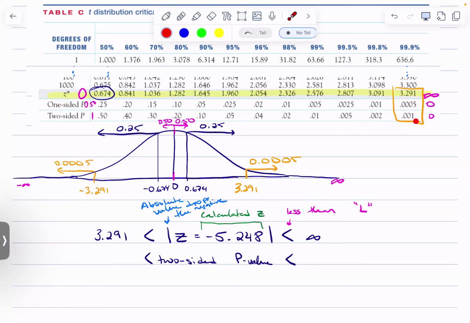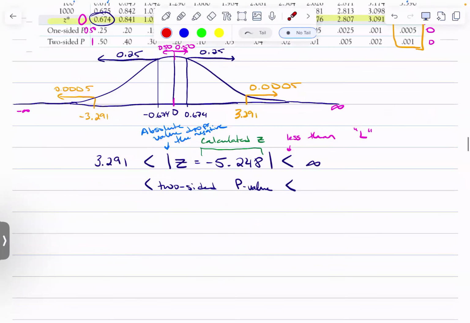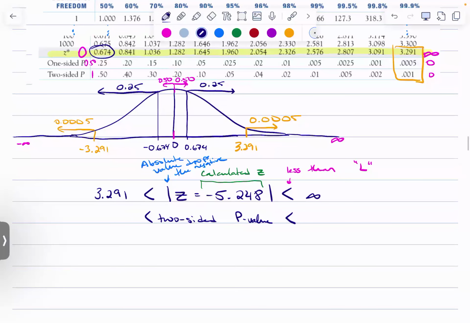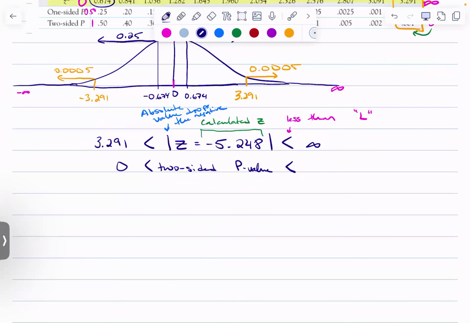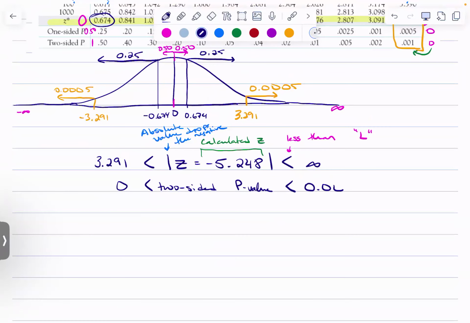You can either read them from right to left and write them down right to left, or you can switcheroo them, or play around with your inequality, but it tends to make a mess. You don't want to tell me something that's false. So I read them from right to left. So here, my two-sided p-value is somewhere between 0 and 0.001.